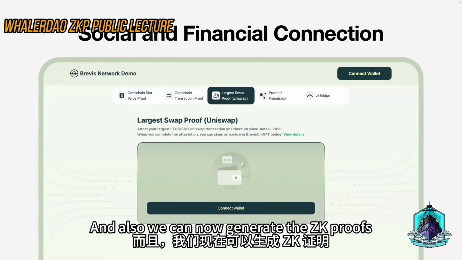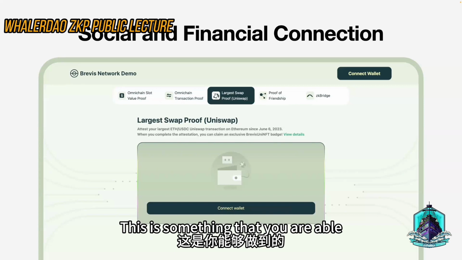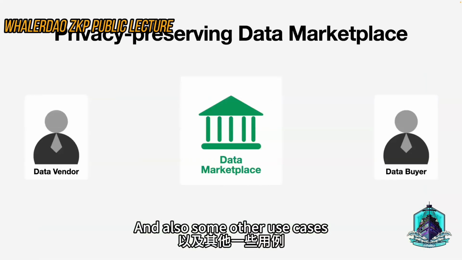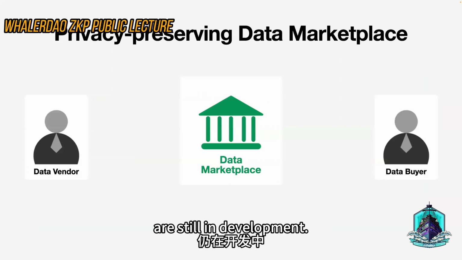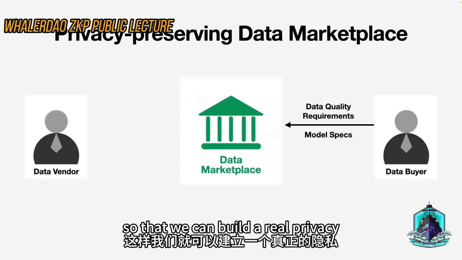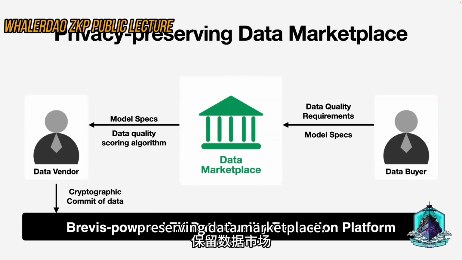And also we can now generate ZK proofs of users' social and financial connections on chain. This is something that you are able to try out in our demo. And also some other use cases are still in development. For instance, the ZK data quality evaluation platform, so that we can build a real privacy-preserving data marketplace.